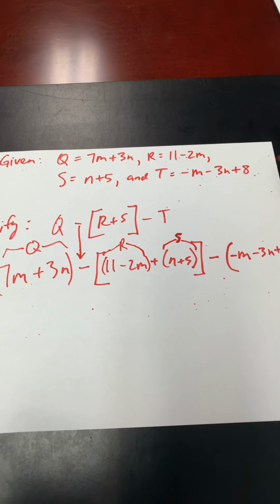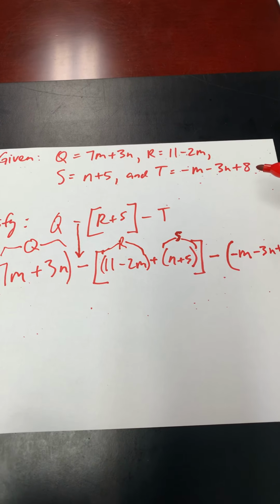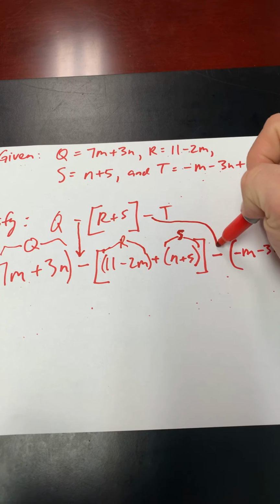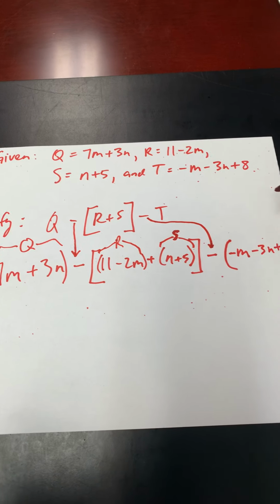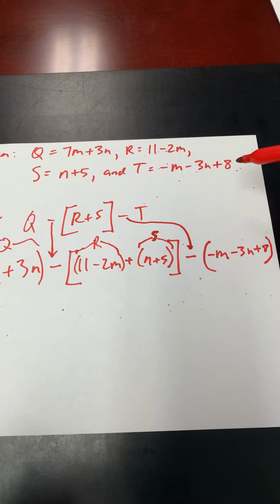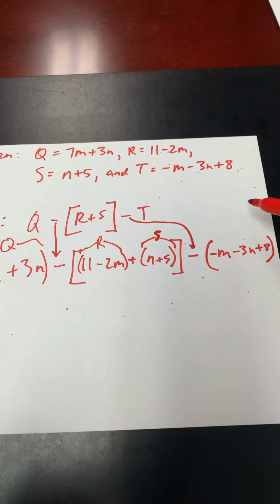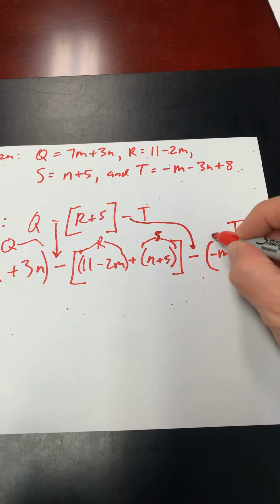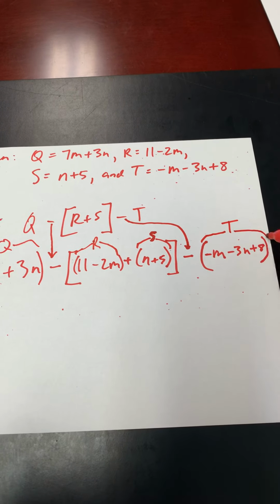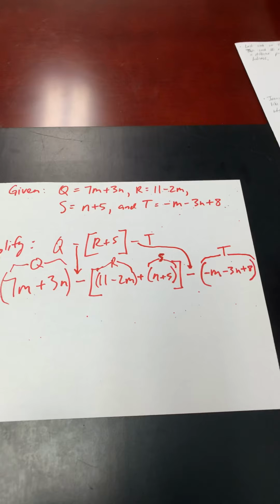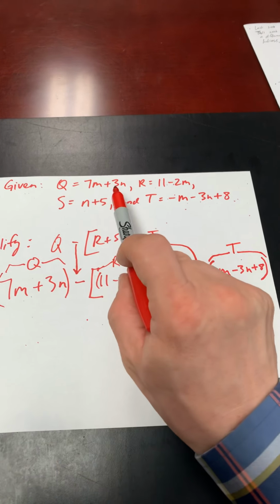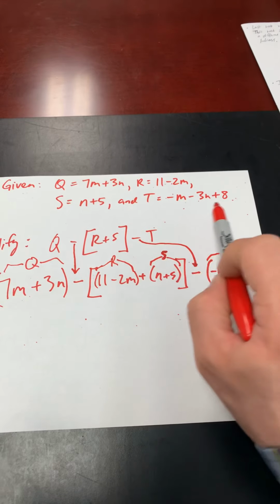Okay. And then the problem is having me subtract again, so I just brought that subtraction sign down. All right, and then it's telling me that I'm subtracting T, so all of this is T. Okay, do you see what we're doing here? We're just putting grouping symbols around each expression.